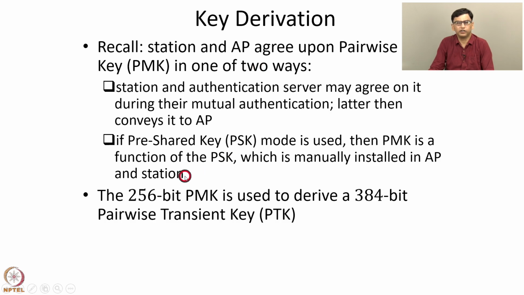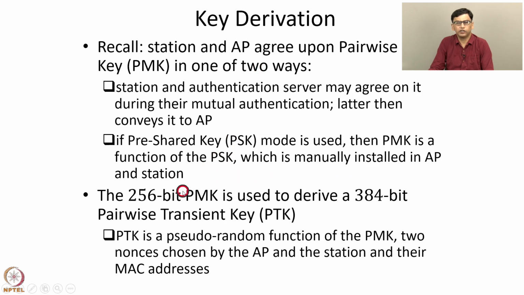This 256-bit PMK is then used to derive a 384-bit pairwise transient key or PTK. In particular, the PTK is a pseudo-random function of the PMK and two nonces, one of which is chosen by the access point and the other nonce is chosen by the station. The PTK is also a function of the MAC addresses of the access point and the station.